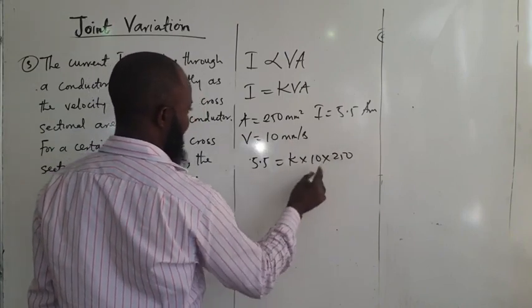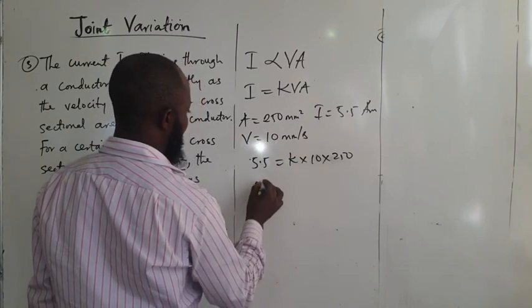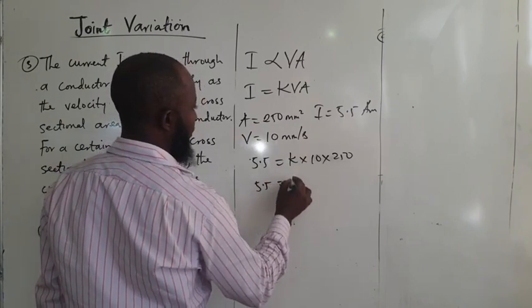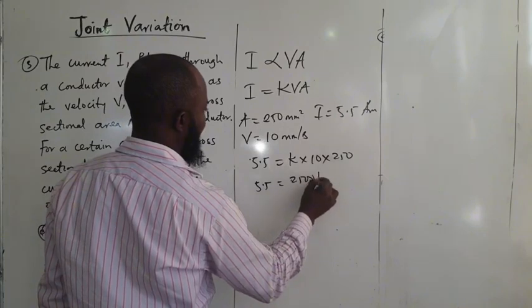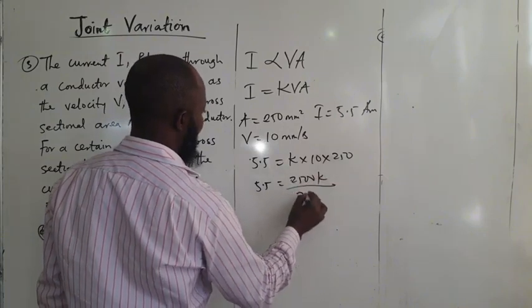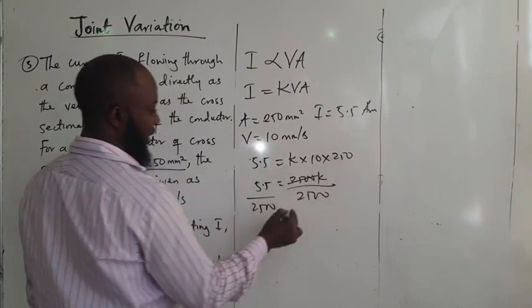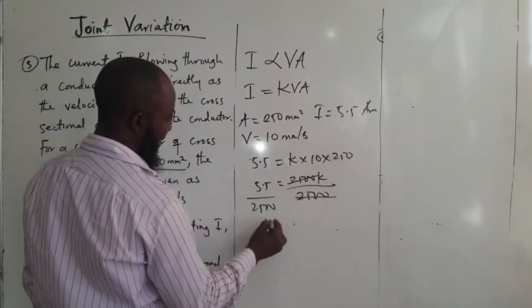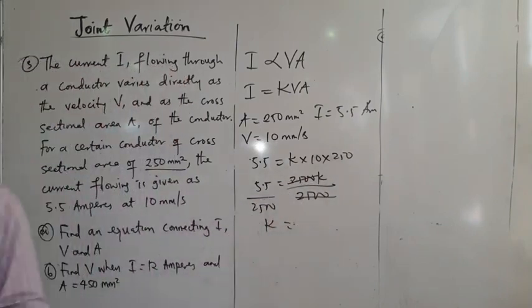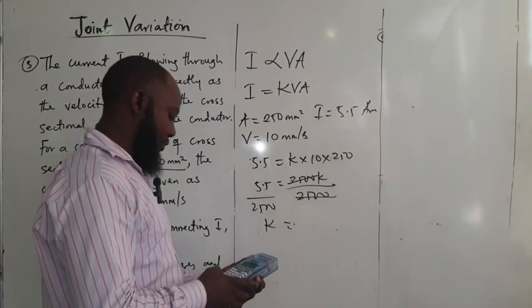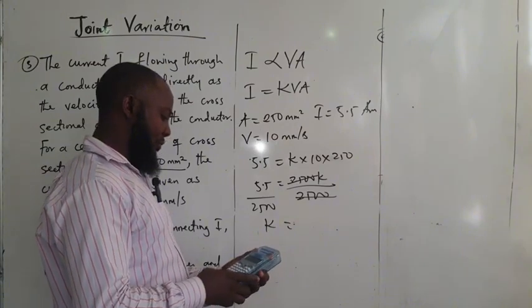Right? So this means 5.5 equals 2,500 K. Divide both sides by 2,500. This cancels this. Then we have K equals 5.5 divided by 2,500.